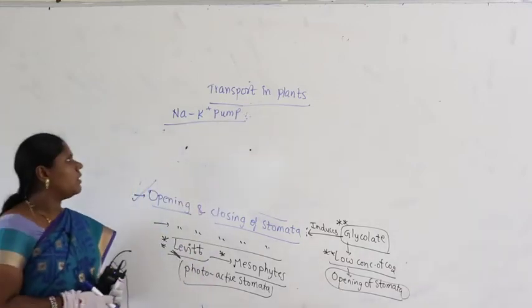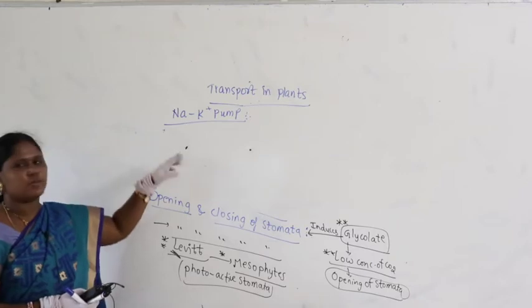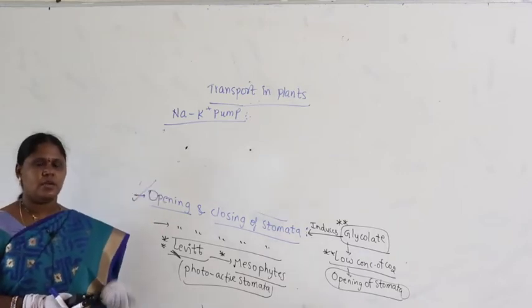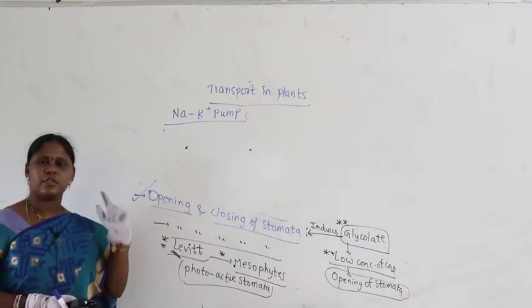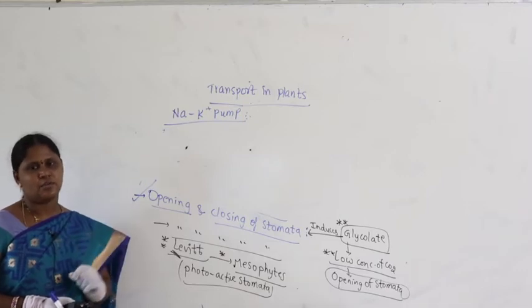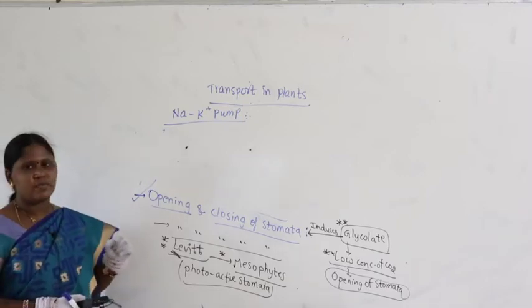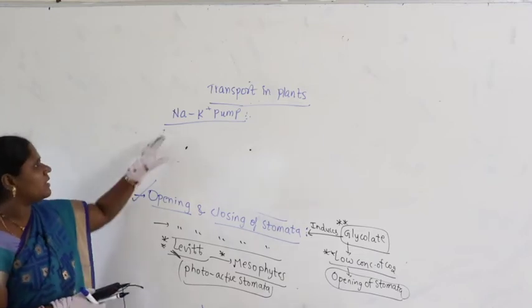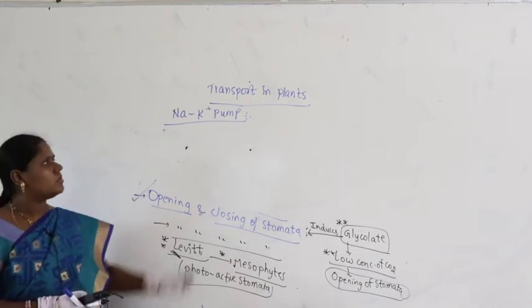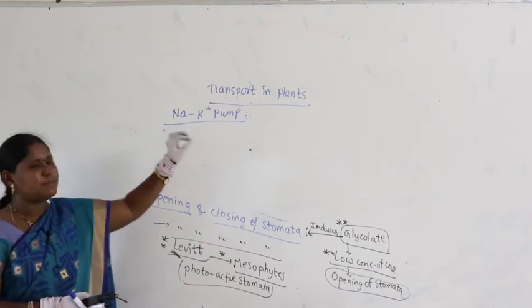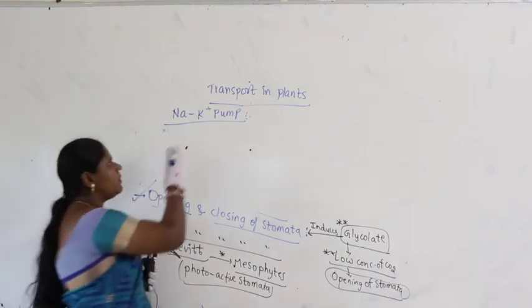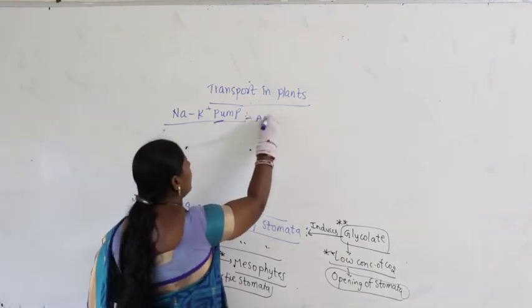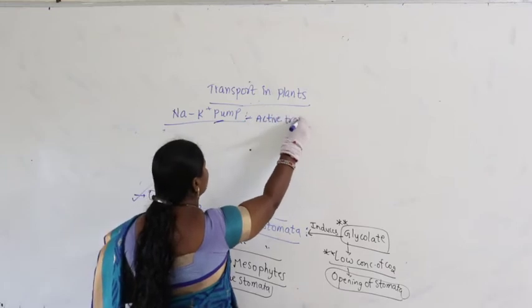Guys, remember sodium potassium transport is active transport. In cytology, in the first year syllabus, in one of the paragraphs we study active transport. The example is K plus and Na plus transport, that is what is called the Na K plus pump. Why do you call this a pump? Because that represents active transport.